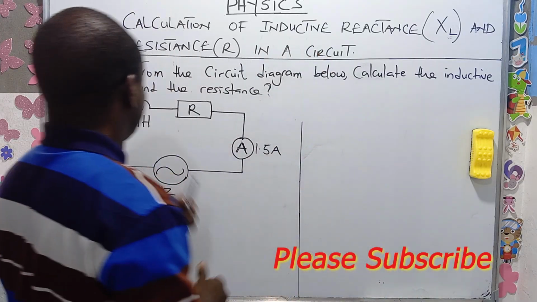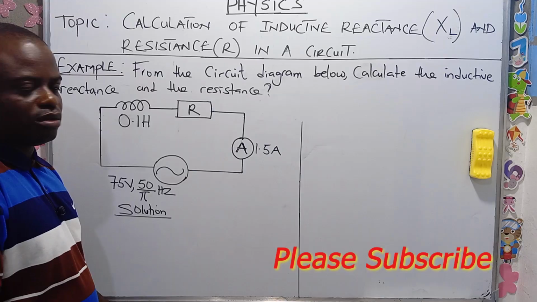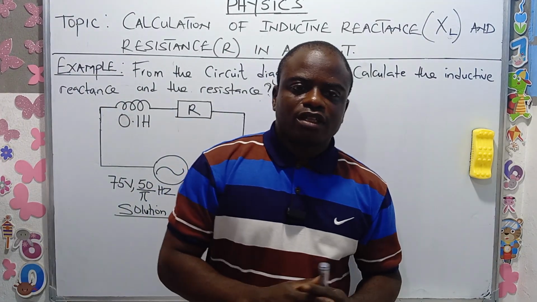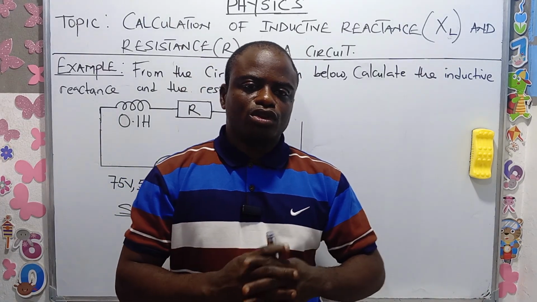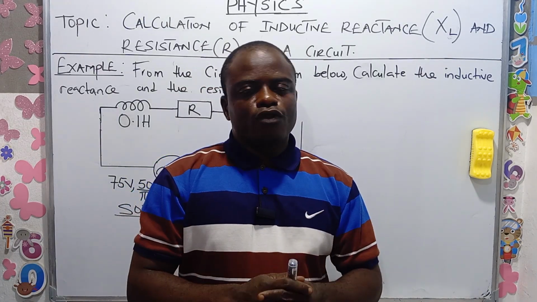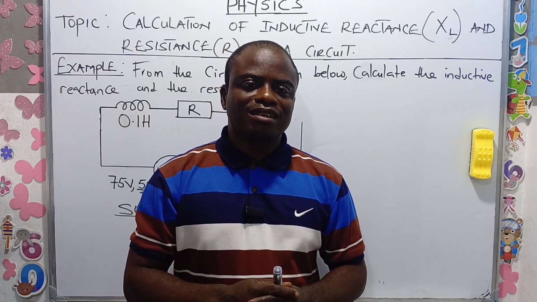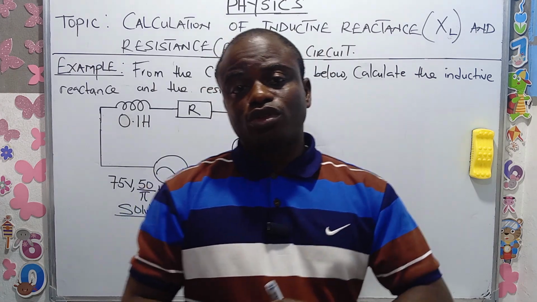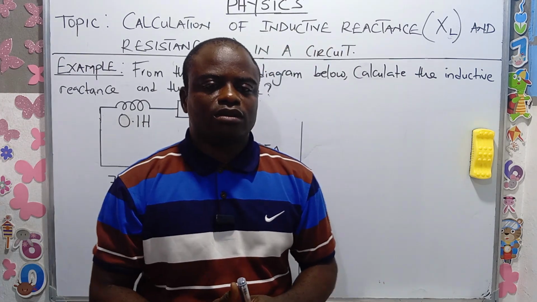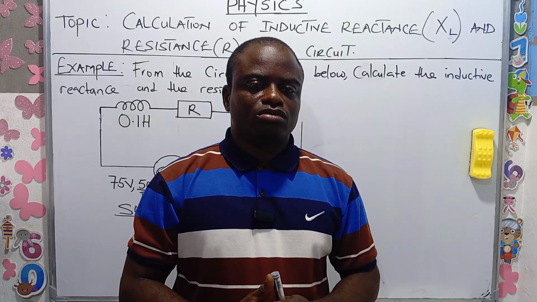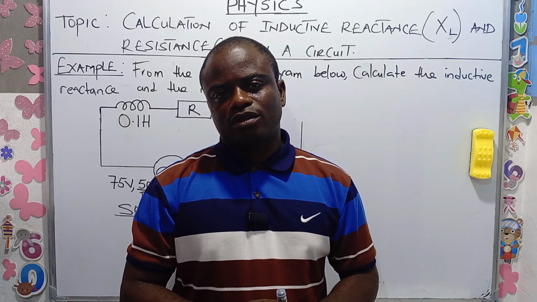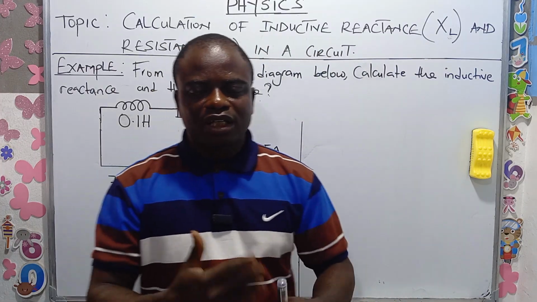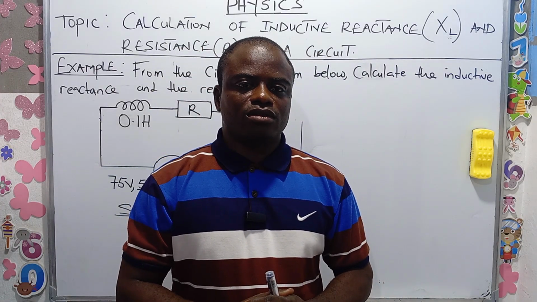Now let's talk about the inductor, the inductive reactance. The inductive reactance is the opposition to the flow of currents offered by the inductor. Again, inductive reactance is the opposition offered by the inductor to the flow of currents, and is due to the changing magnetic field in the circuit.